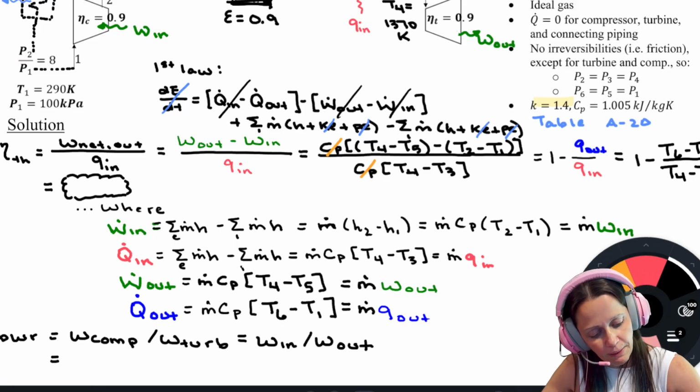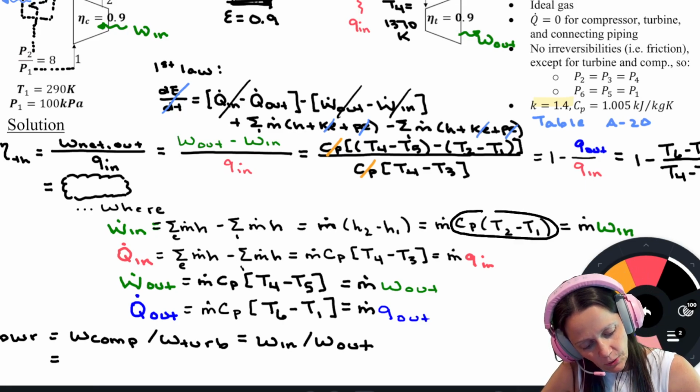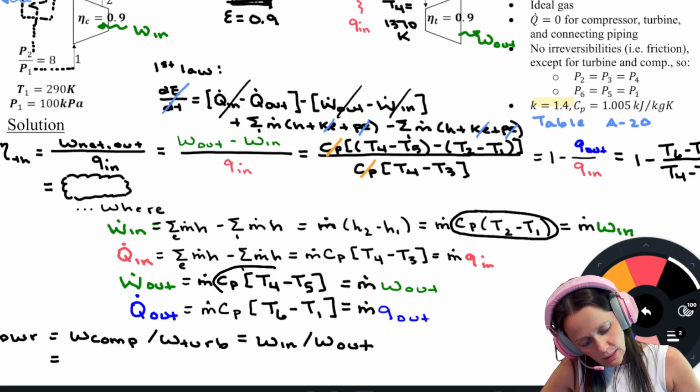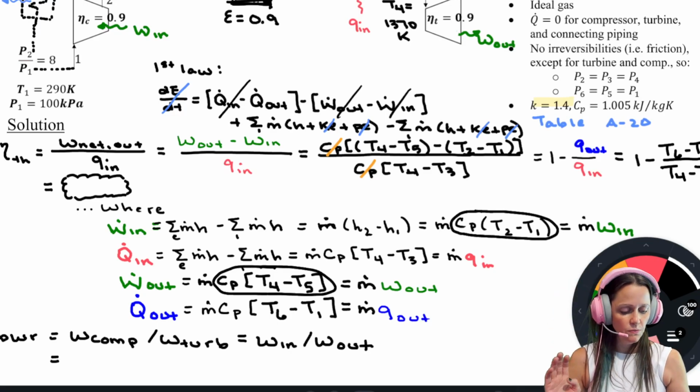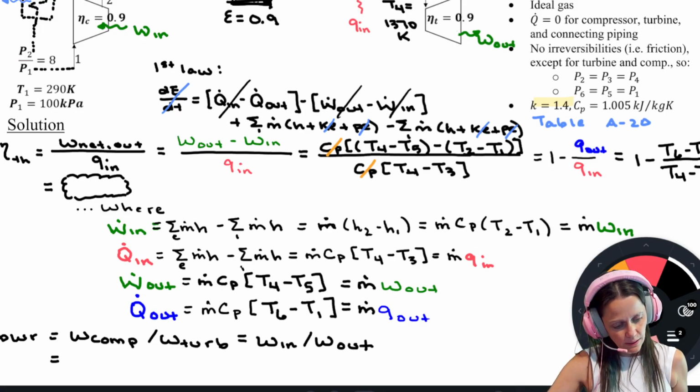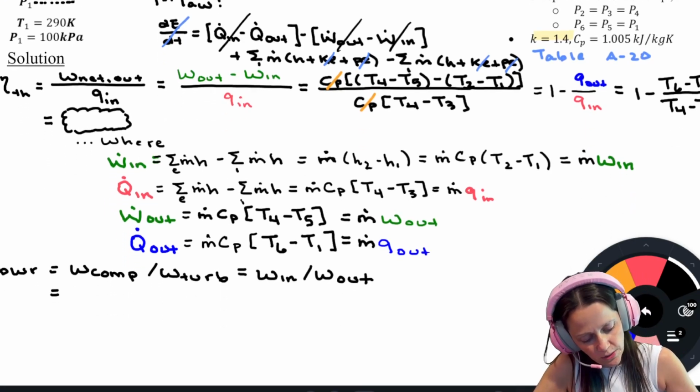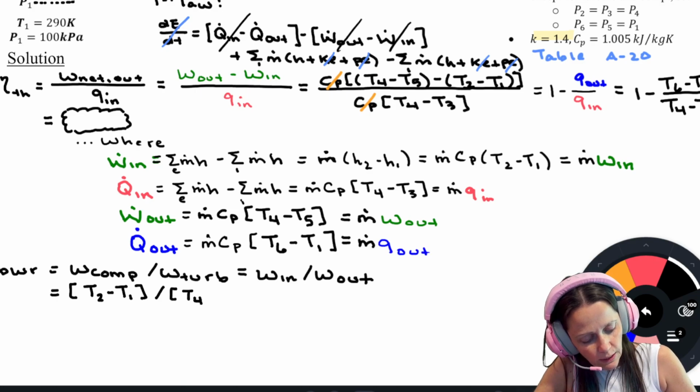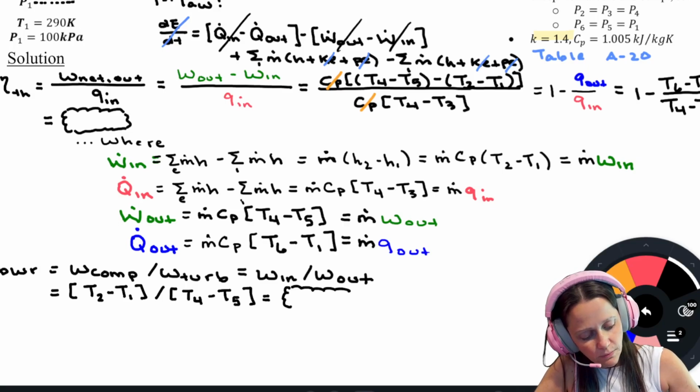And by the way, I should be crossing this and this out because I'm putting it in terms of little w, not w dot, but there we go. So work of the compressor is going to end up being T2 minus T1 over T4 minus T5. And I don't know what that is, but I'll put a happy little bubble there.